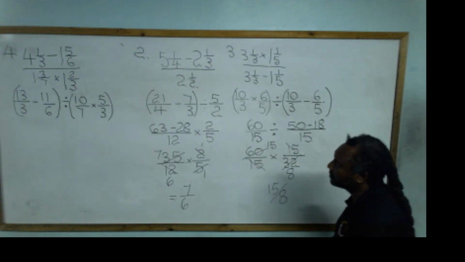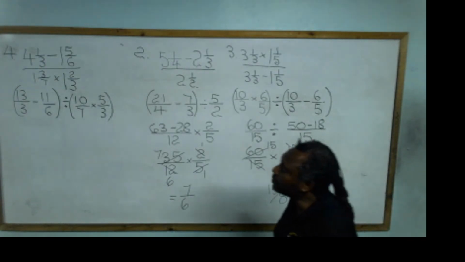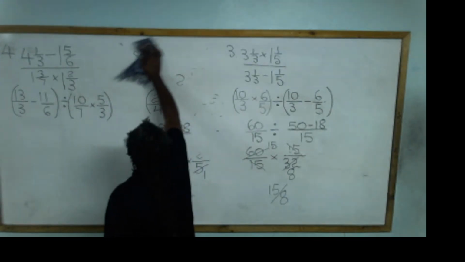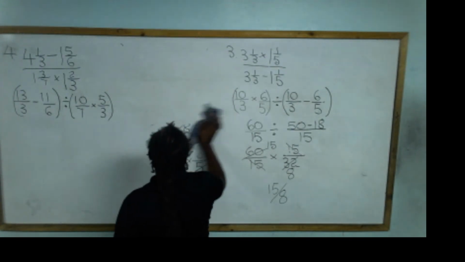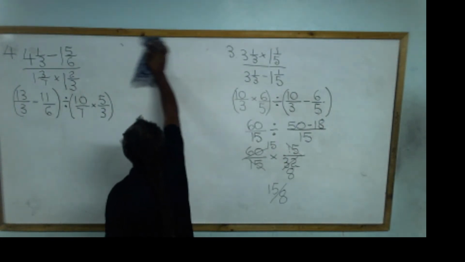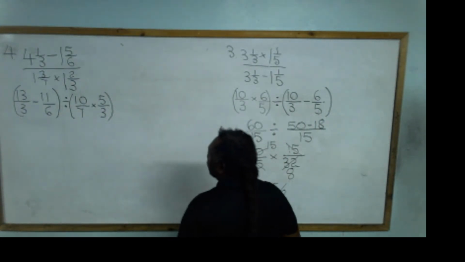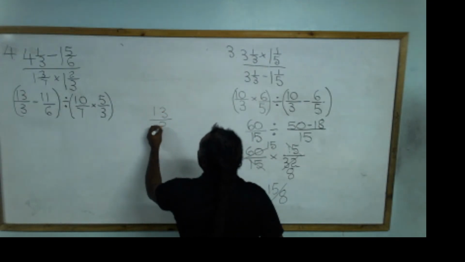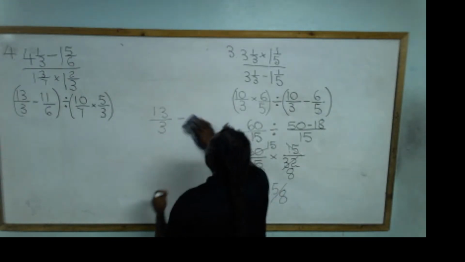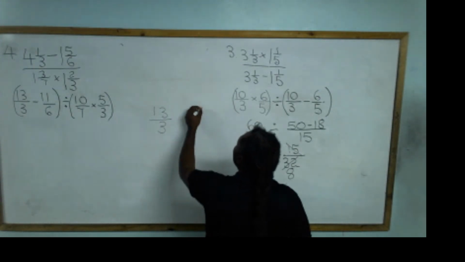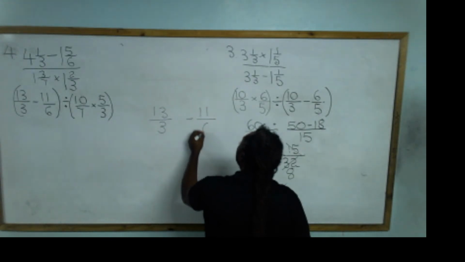All right. So I'm going to explain something to you now. Look at this. 13 over 3 minus 11 over 6.